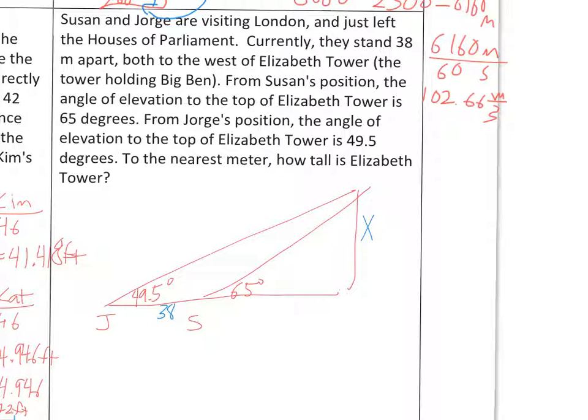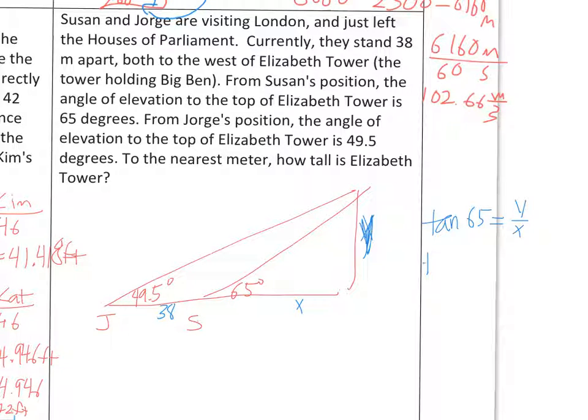And the way that we're going to end up doing this, and although you could do this with law of sines without too much difficulty, is using nothing but right triangle trig. Specifically, we're going to call this side, let's call this y so it's vertical, and we'll call this x. So I'm going to say the tangent of 65, this is for Susan, is equal to y over x, because that's what I've written here.